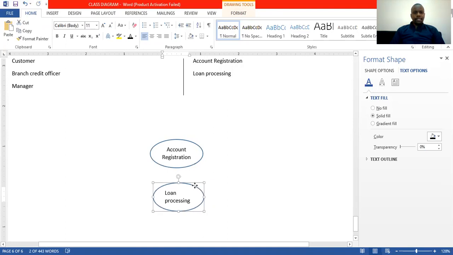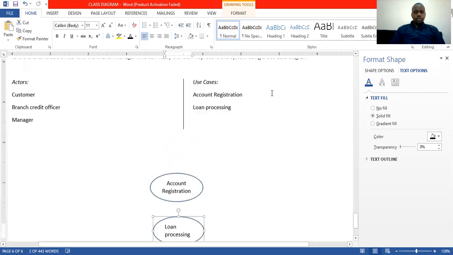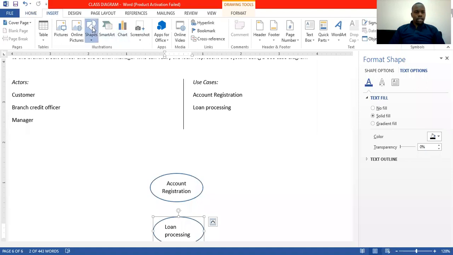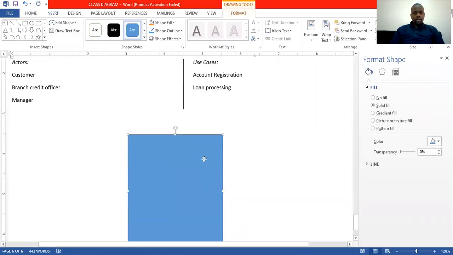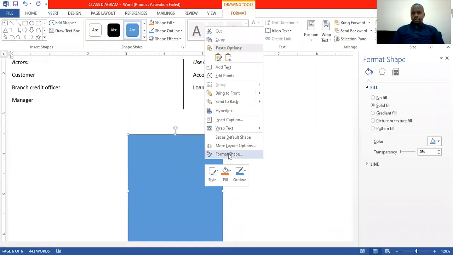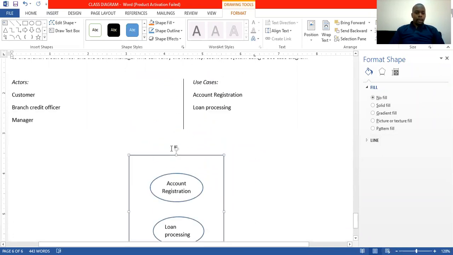These are basically sub-systems within a system, all right? So I'm just going to combine these into one so that we can show that they are actually within a particular system, okay? I've combined them that way to show that they are part of one system.